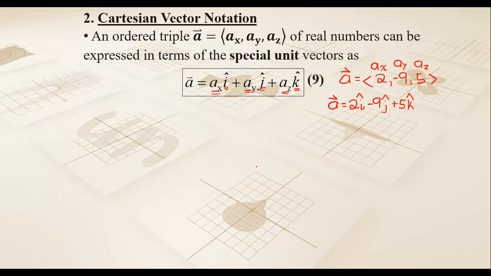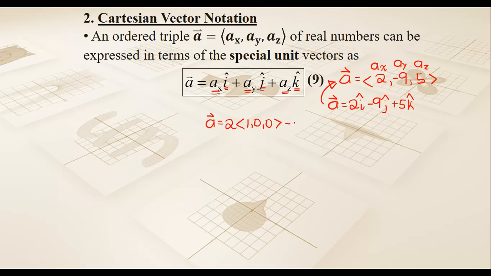Now, I want to show you why this actually works. This here is what we call Cartesian vector notation, and I'm going to show you how I can get an ordered triple from it. Here's how it would work out. A would be equal to 2 times i, and the special unit vector i is the ordered triple 1, 0, 0.